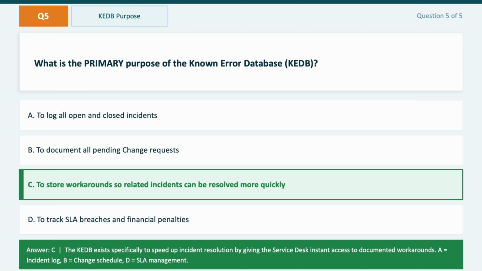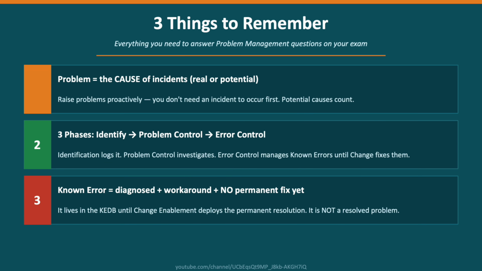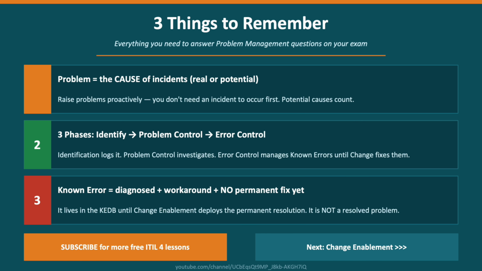The team is already monitoring those issues, those concerns, and they are proactively raising the problem record. So what kind of activity should it be? Reactive problem identification? No. Incident escalation? No. Error control? No. It is a proactive problem record which the team is raising. This is how you will identify it in your questions as well.